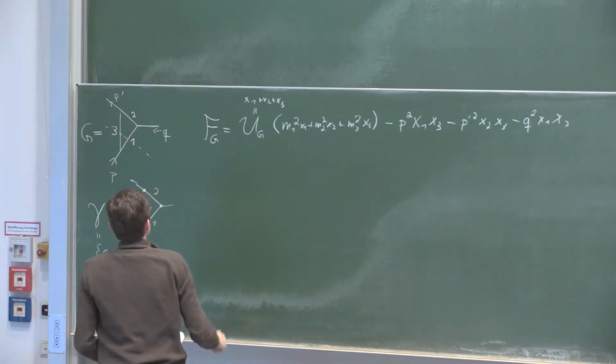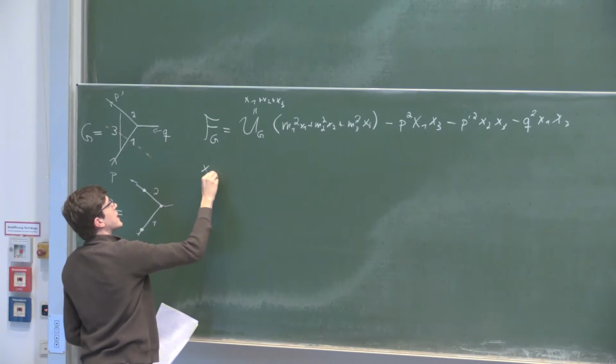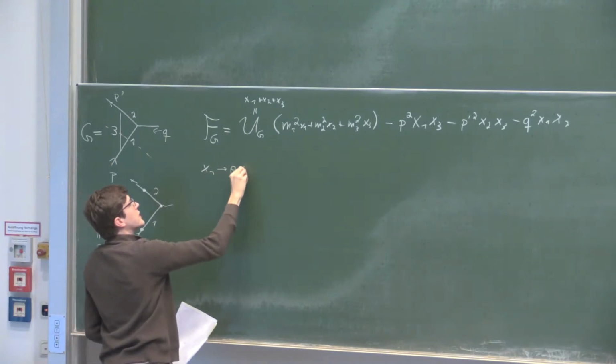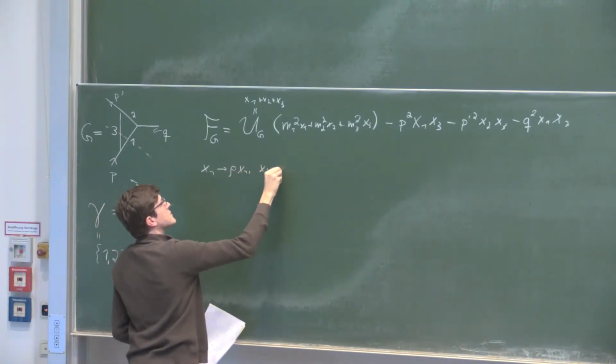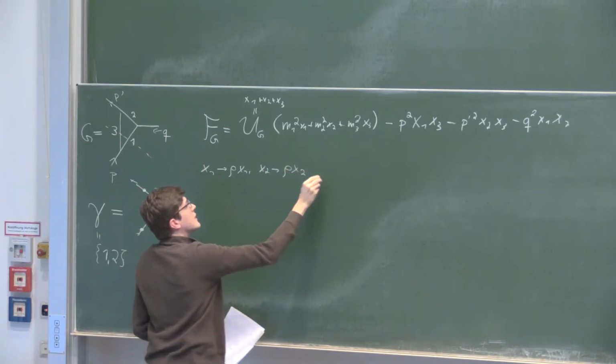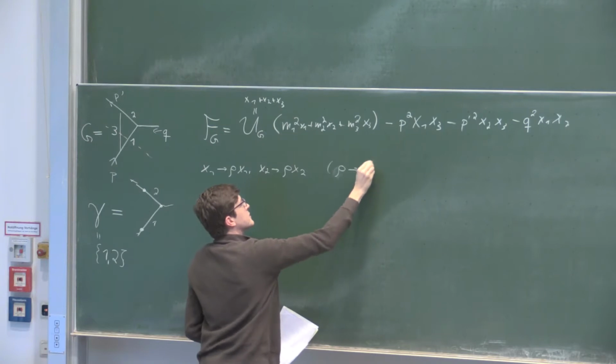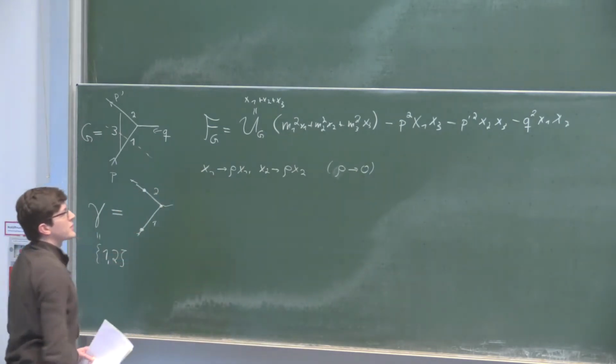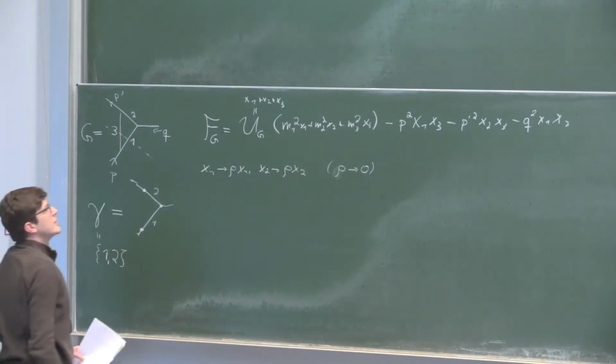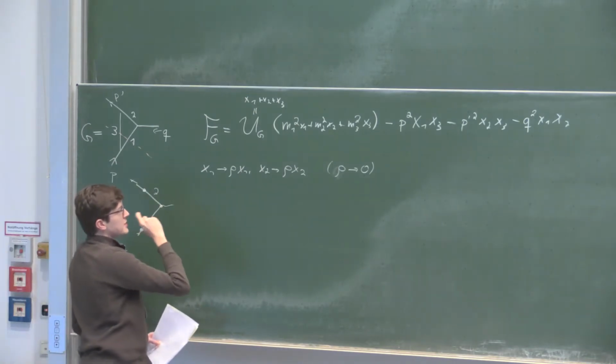And now we're looking at the situation where we send x1 to rho x1, x2 to rho x2, and we want to send rho to 0. So you want to see what happens with this graph polynomial, the second symanzik F, when these variables become small.